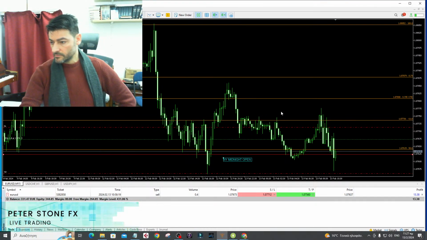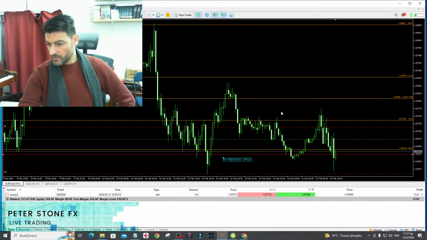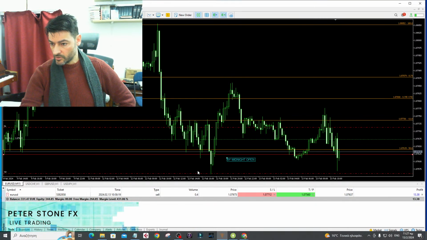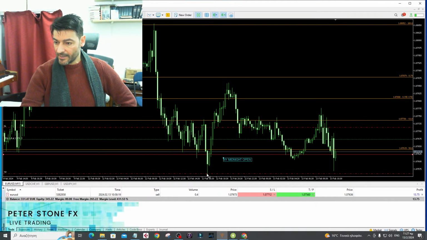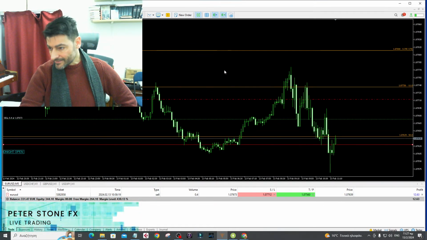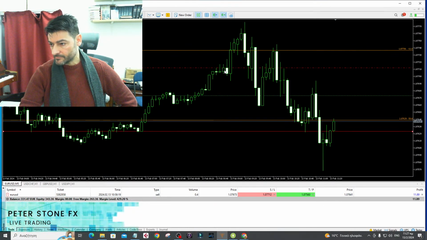Minus 14, just to be a little bit more safe for the retracement. Also this low, it's a little bit higher than this one. It could also indicate that we are going up.